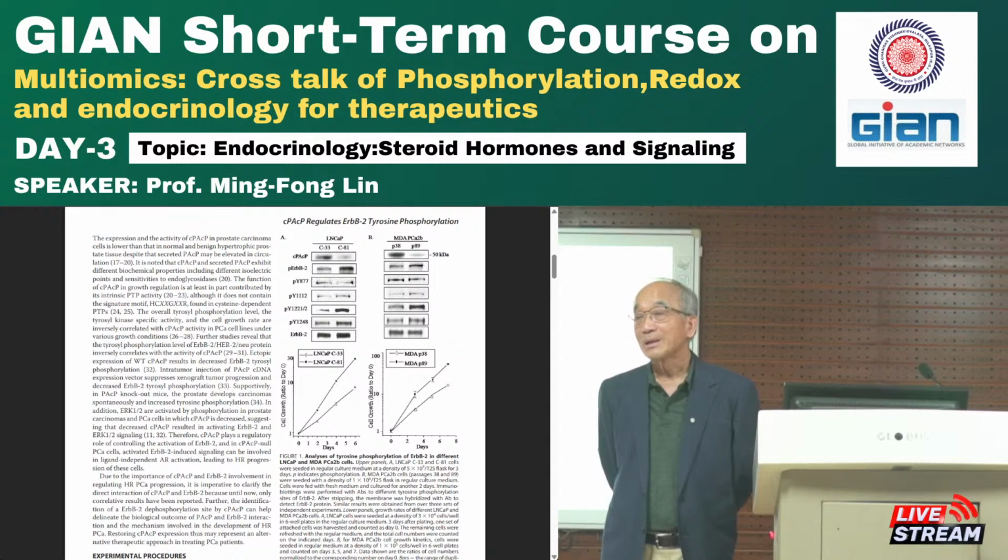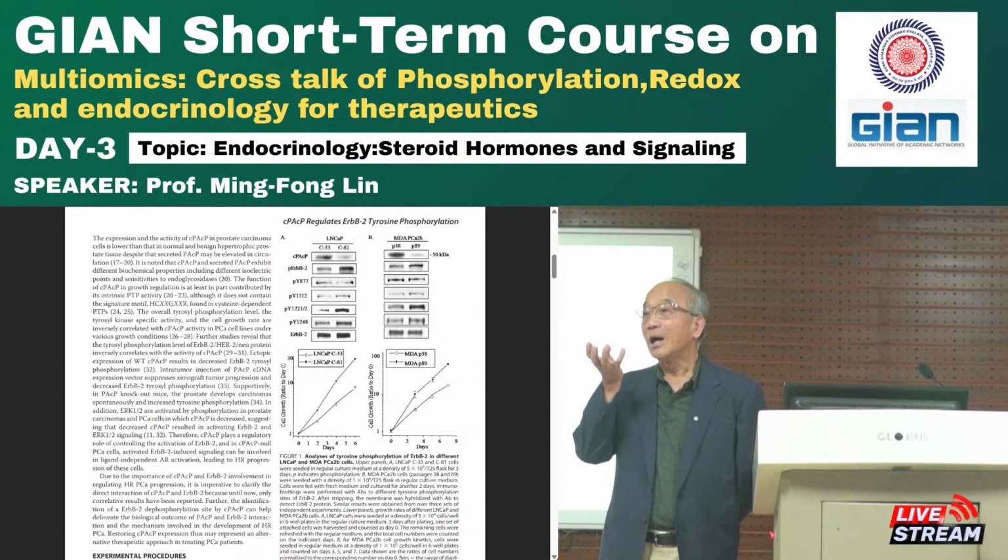Can we use it to inhibit the prostate cancer cell? No, we cannot, because Herceptin only recognizes amplified ERB2.